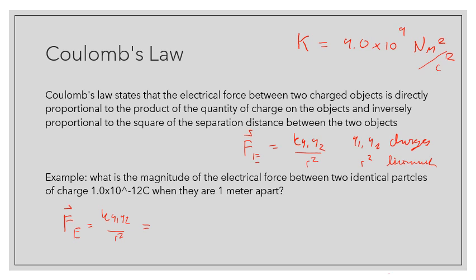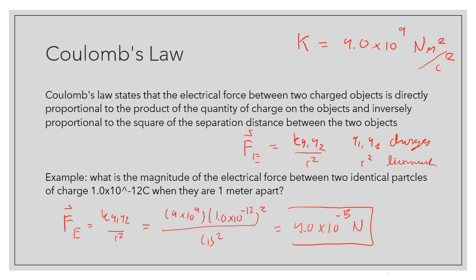Now just plug this into the equation: 9 times 10 to the power of 9 times 1.0 times 10 to the negative 12, squared because they are the same charges, all over 1 squared. Once we do all those calculations, we get 9.0 times 10 to the negative 15 newtons. So that is the electric force.